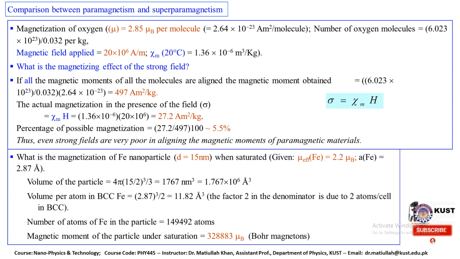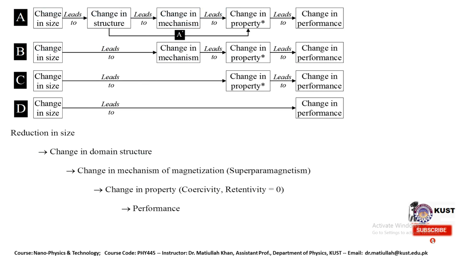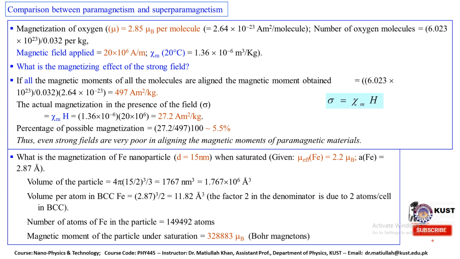The number of atoms of Fe in the particle is this amount, so we multiply by this. The magnetic moment of the particle under saturation is the total number of atoms multiplied by the saturation magnetization, which is in Bohr magnetons. Further, we can get the magnitude of the saturation magnetization.